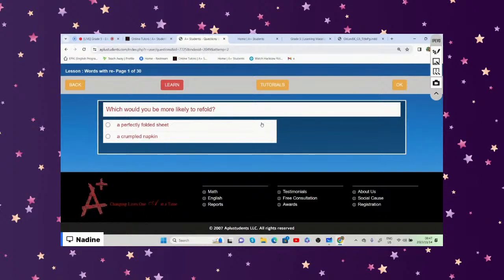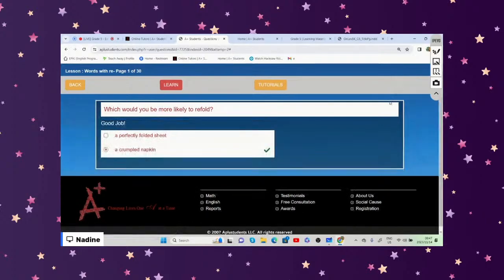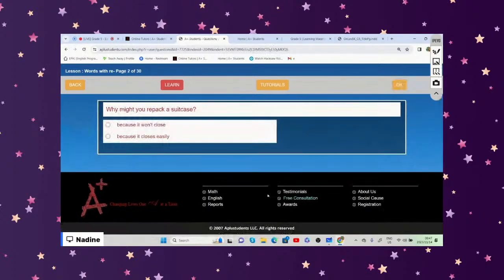Is it a perfectly folded sheet or is it a crumpled napkin? So if we were to refold something, then we can say a crumpled napkin, because it's not a perfectly folded sheet. And two is correct. So well done, guys.